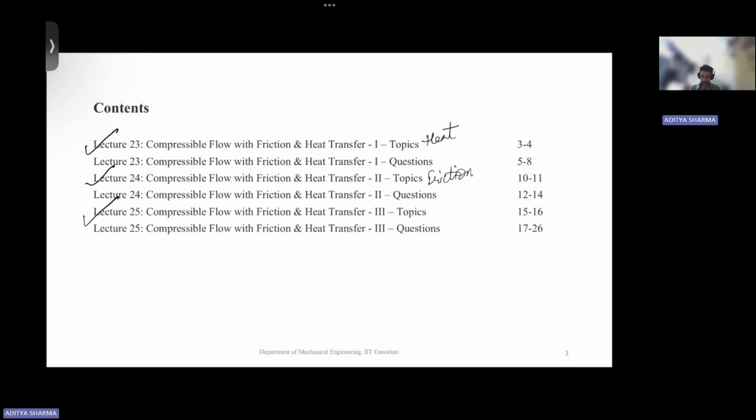Then in lecture number 25, you see two curves, one is the Rayleigh curve and one is the Fano curve. The Rayleigh curve is related to heat addition and the Fano curve is related to frictional effects in compressible flow. So majorly, this has been covered. We'll start with lecture number 23, its topics and questions, and in the same way we'll then see lecture number 24 and lecture number 25.